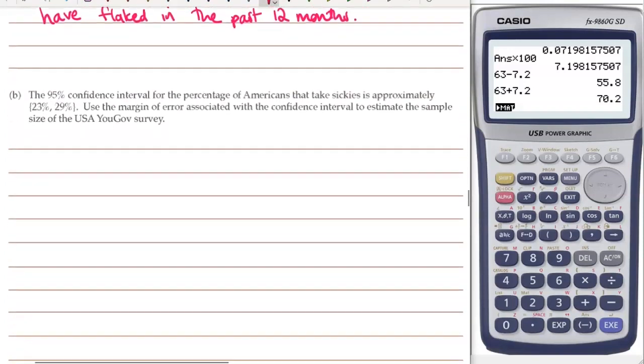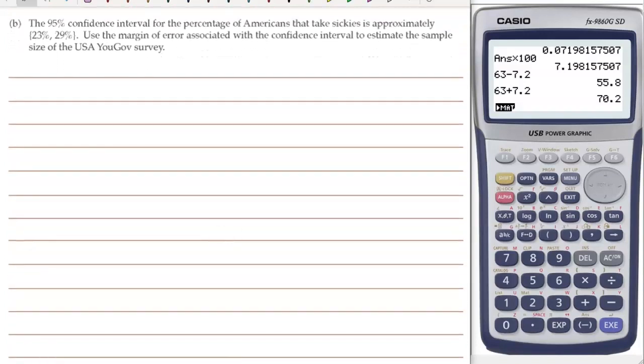Okay, for part B, the 95% confidence interval for the percentage of Americans that take sickies is given just here. We want to use the margin of error associated with the confidence interval to estimate the sample size of their survey. So we've got to work out that margin of error from 23 up to 29.